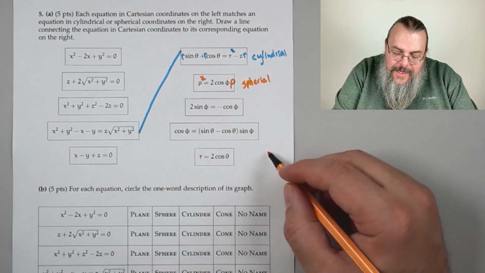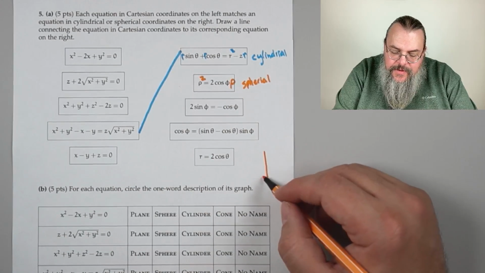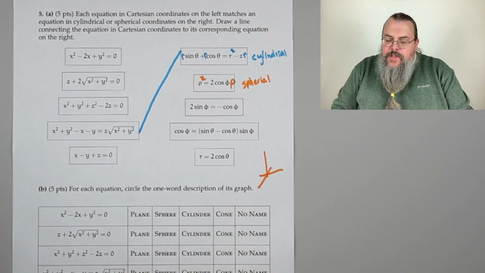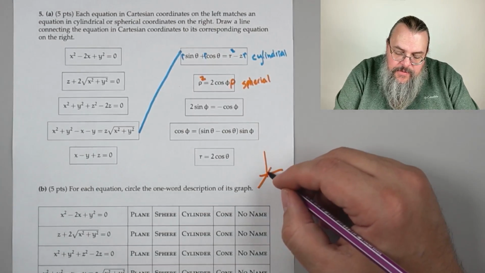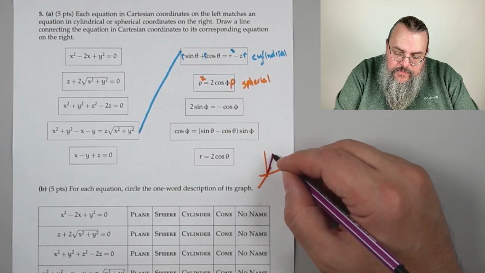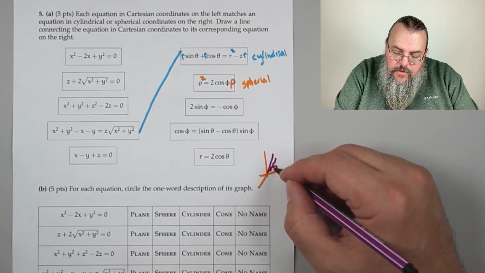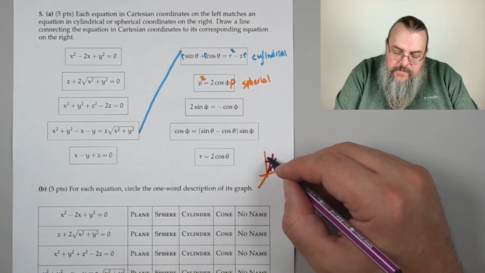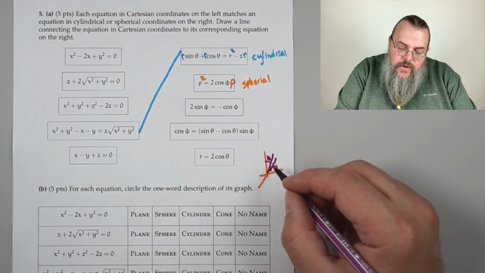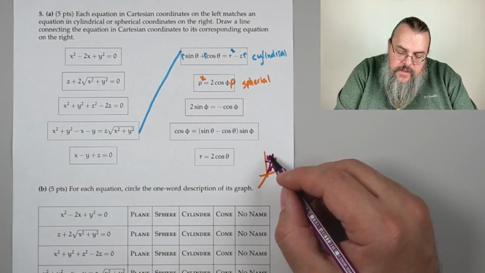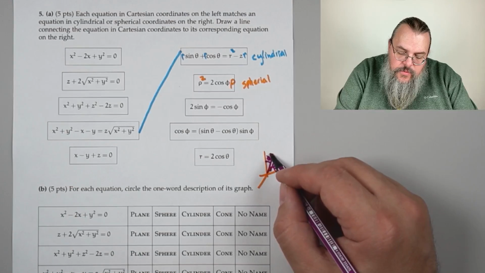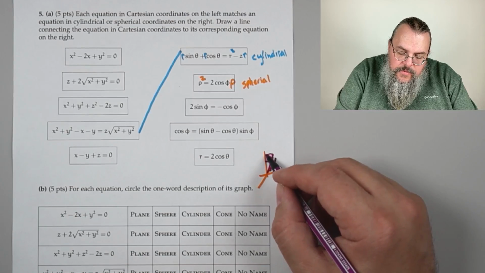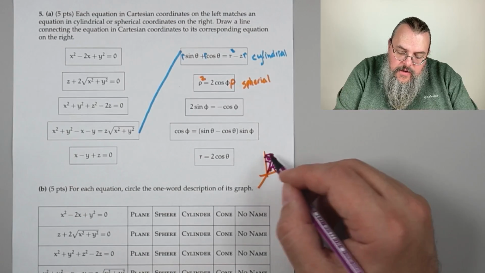Well, you kind of need to know what's going on with your system, right? If we think about what phi is, here's our point. We have our rho, and we have our angle phi. I want to draw a line here.